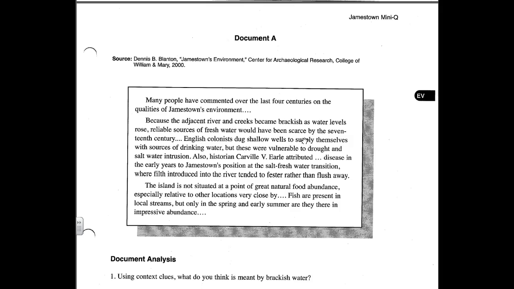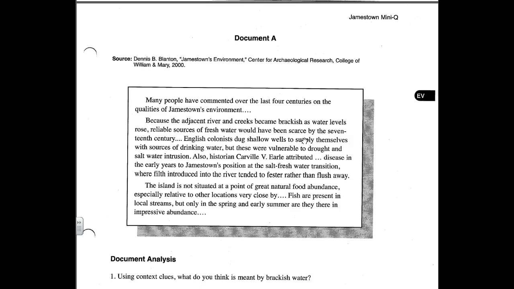Also, drought would cause several problems. First, it stunted corn growth. Second, it meant that the shallow wells were not being replenished by rainfall. And third, it left brackish, backed up stream water even more brackish.